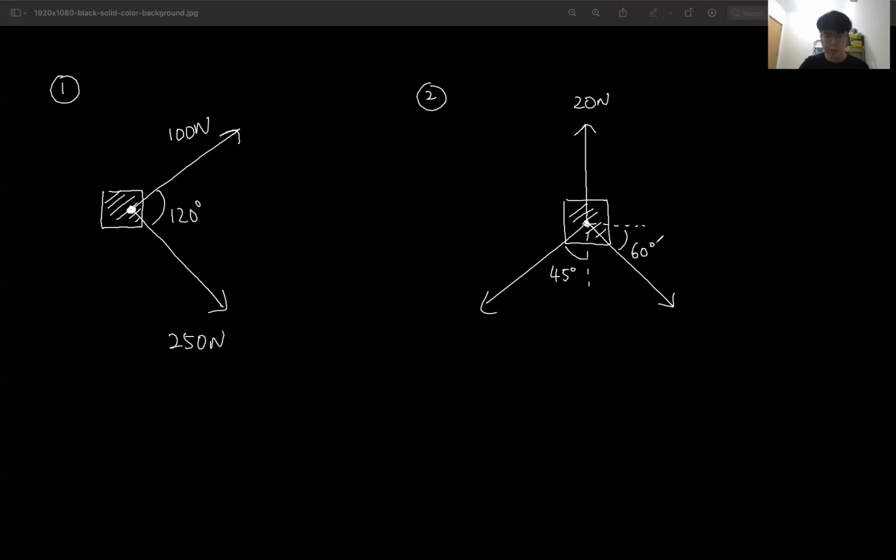Okay, these 2 questions: find the resultant and find the direction.